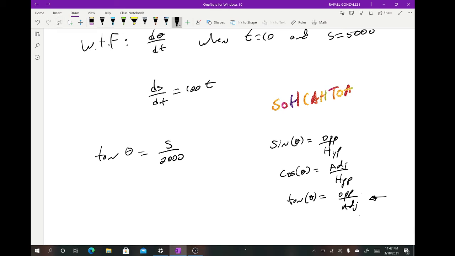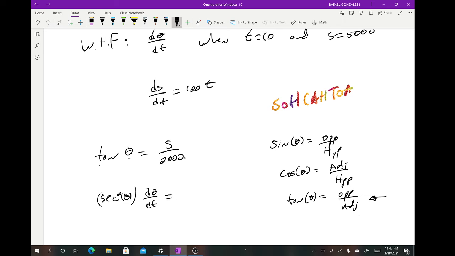Okay? What can we do now? Well, now we are actually ready to take the derivative. So if I take the derivative with respect to t on both sides, I have that the derivative of tangent of theta, remember the derivative of tangent is secant squared theta, and because I took the derivative with respect to t, we have d theta dt being multiplied by secant squared.